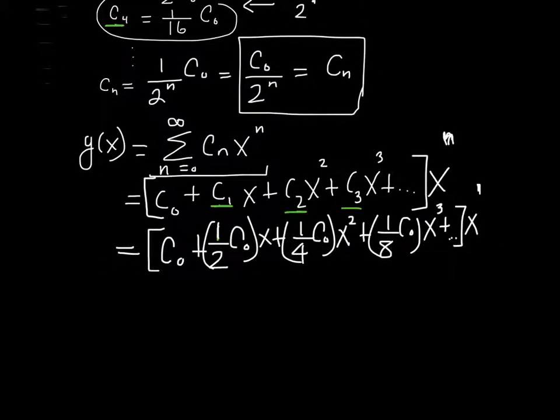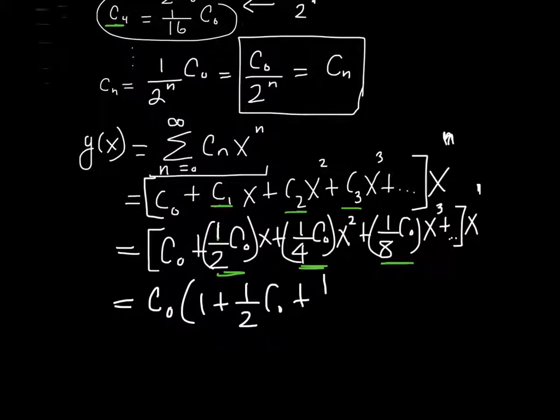Okay, so again, here's my C1, C2, C3, and so forth. And then just using some algebra, we can factor out a C naught, and we're left with the following.